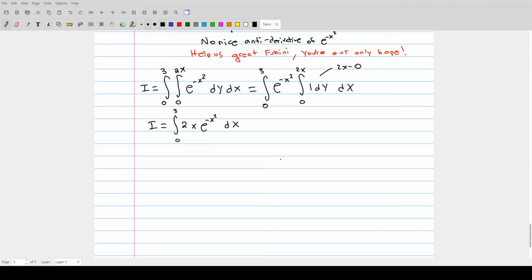You should recognize this as directly as an integral that we can do a u substitution on. If we do a u substitution of u is equal to x squared, then du is going to be 2x dx, which is what we have here. So this integral is now going to become the integral from 0, because x squared, or 0 squared, is 0.